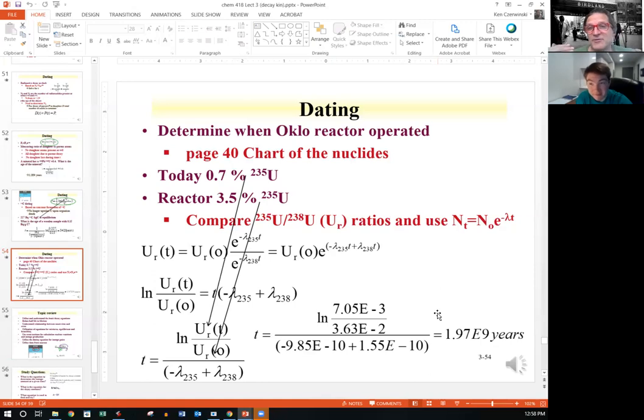It was interesting because apparently that area where the uranium was, the ore had to be relatively concentrated. The amount of uranium in the rock had to be at a pretty high level. And then it needed to be wet. It needed to be flooded, because the water slows down the neutrons, and the slower neutrons have a higher cross section with the uranium-235.